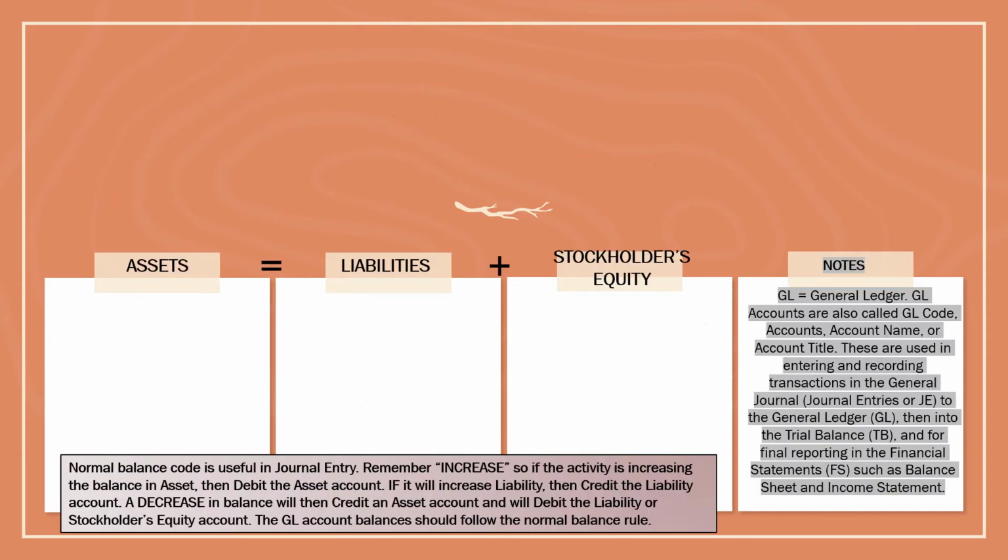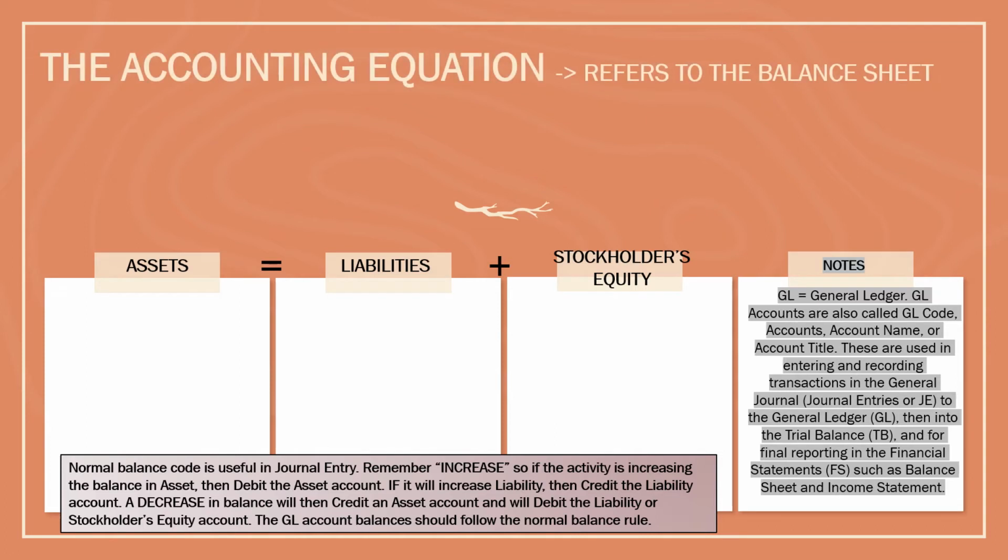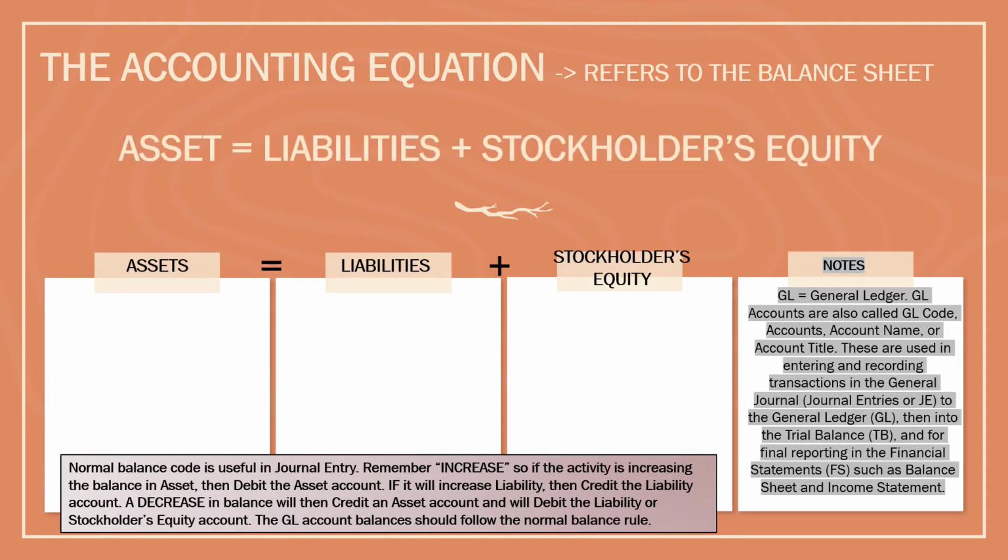Now we're going to move on to our objectives for this video number 2: the accounting equation. Let's discuss what the accounting equation is. When we say accounting equation, this refers mostly to the balance sheet. And what is that accounting equation? Assets equal liabilities plus stockholders' equity.